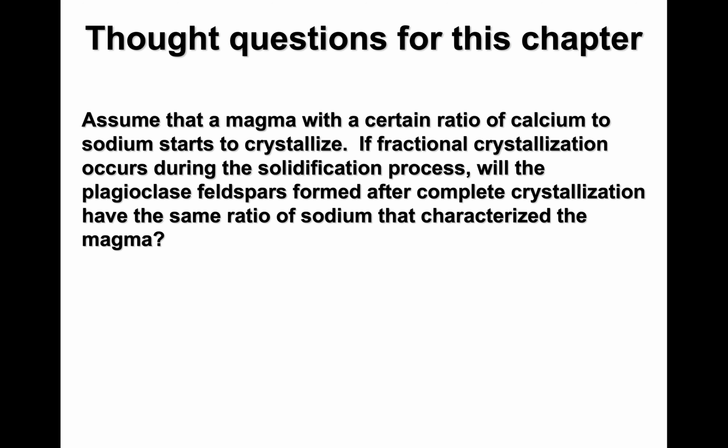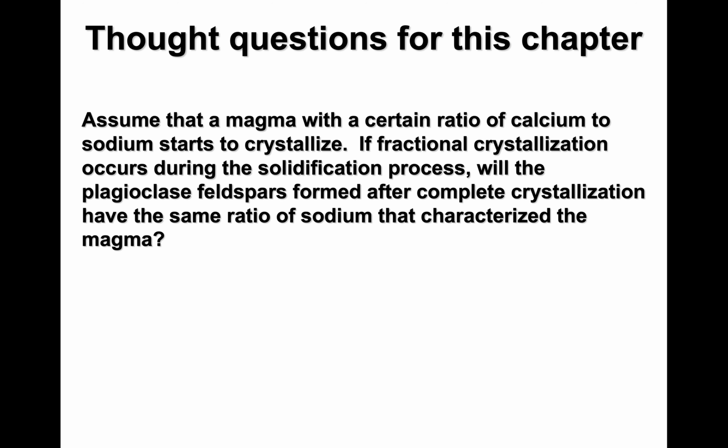So, we know by now that plagioclase feldspars formed at high temperatures are more calcium rich, and those which are forming at lower temperatures are more sodium rich. While we are crystallizing the plagioclase from our melt, we are removing calcium at the beginning, and at lower temperatures we are removing sodium.